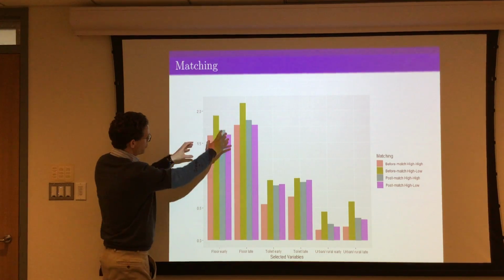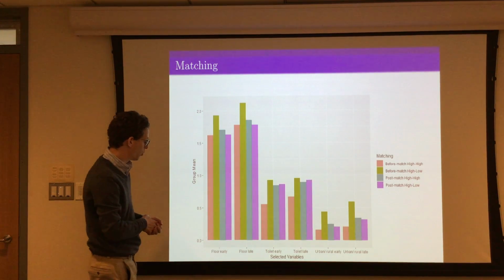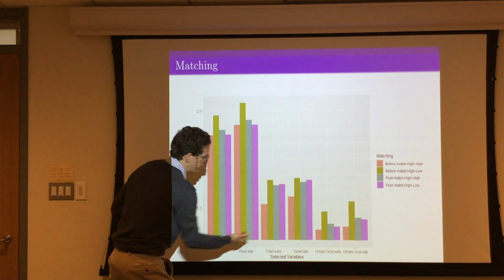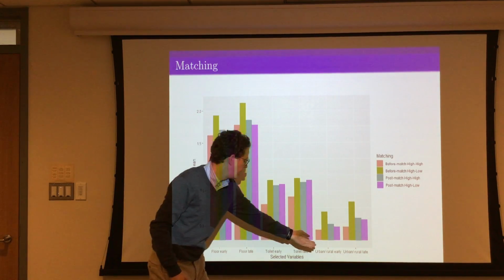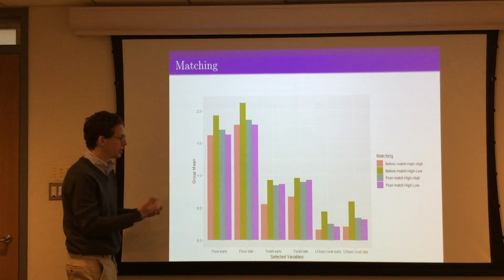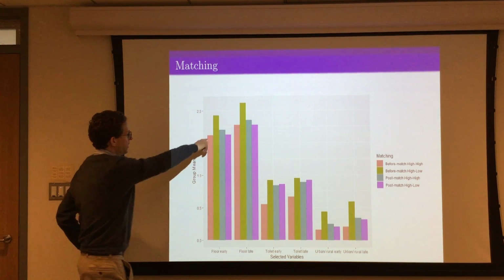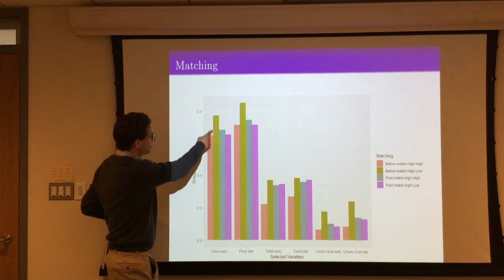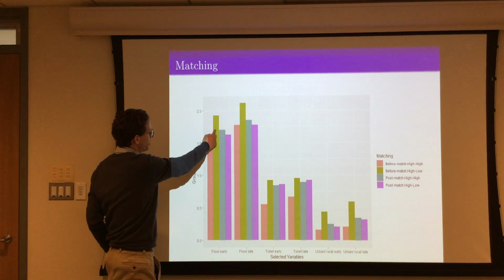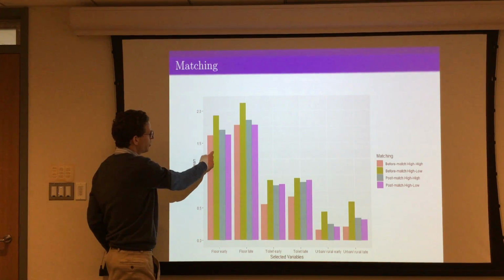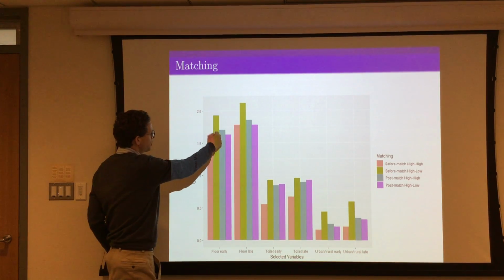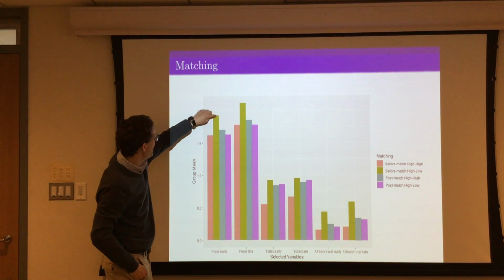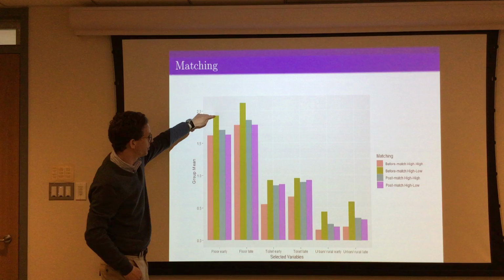So what this graph shows is some of the covariates we control for. For example, this is the quality of flooring material, whether the house had a toilet, whether it was in an urban or rural area. The red and the green show, for example here, that for the places where malaria remained high in both the early and the late years, the higher it is, the better the quality of the flooring material.